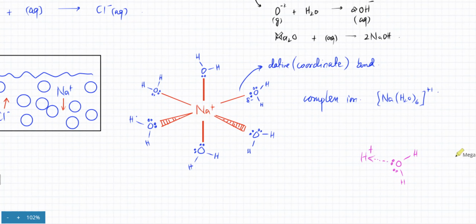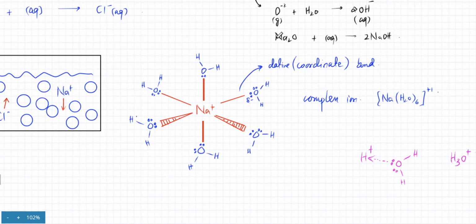So whatever you call H plus one aqueous is actually the hydronium ion, H3O plus one. So there is no H plus one aqueous in reality. Similarly, there is no Na plus one aqueous. Na plus one aqueous, Cl minus one aqueous, these are all simplifications.